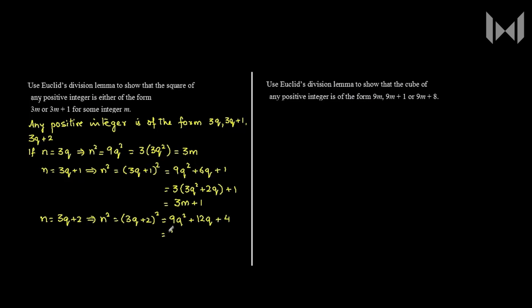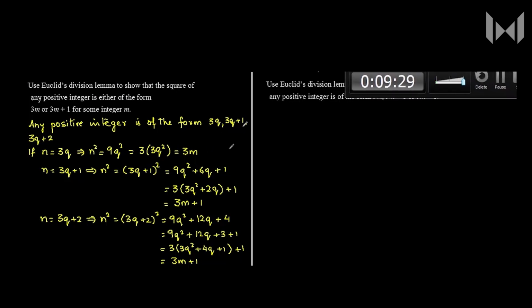Now we can further break it up as 9q square plus 12q plus 3 plus 1, which is 3 times 3q square plus 4q plus 1, plus 1, and once again we get 3m plus 1. And therefore the square of any positive integer is of the form 3m or 3m plus 1.